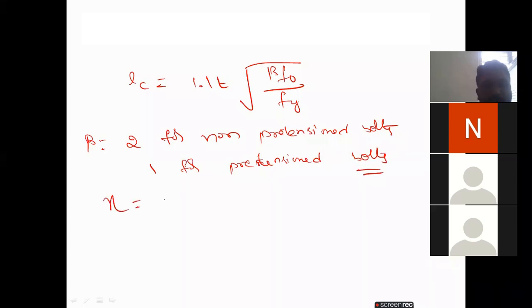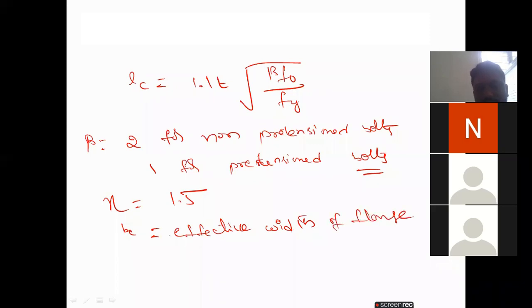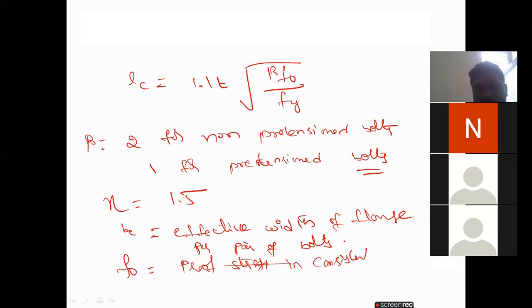Eta equals 1.5, BE equals effective width of flange per pair of bolts, and F naught equals proof stress in consistent units. T is thickness.